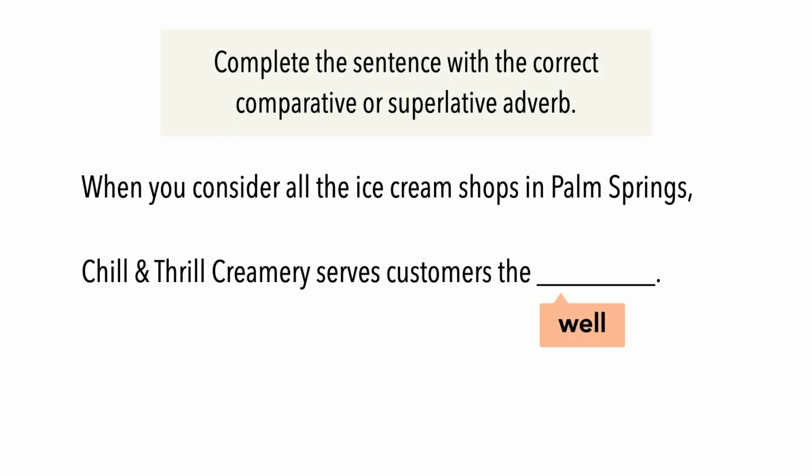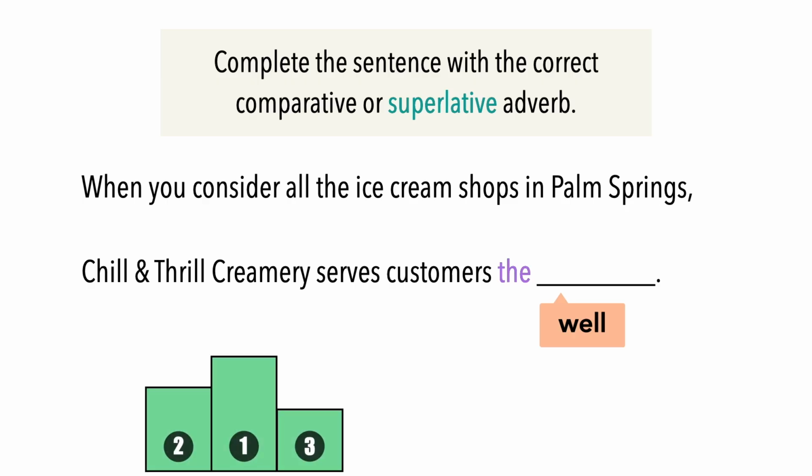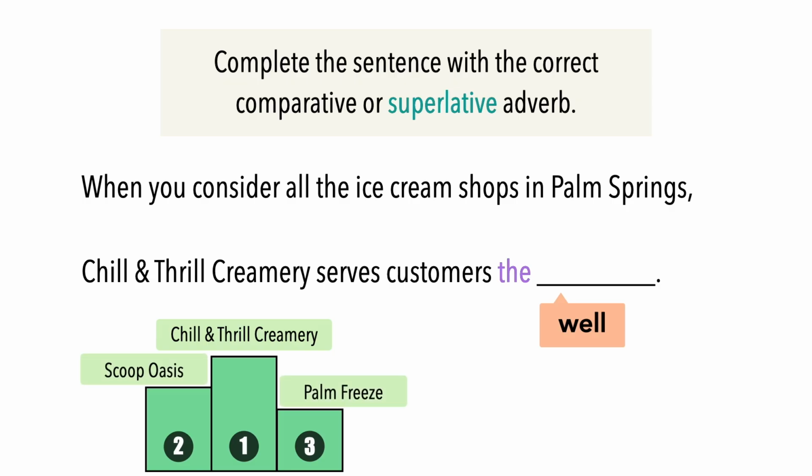This sentence reads, when you consider all the ice cream shops in Palm Springs, Chill and Thrill Creamery serves customers the blank. Should we use better or best for the sentence? I see the word the before the adverb, so we probably need to use the superlative form of well. Let's check what's being compared here. This sentence compares how Chill and Thrill Creamery serves its customers versus how all the other ice cream shops in Palm Springs serve their customers.